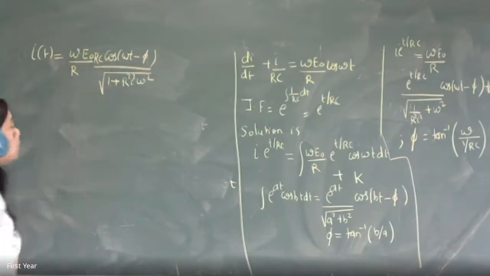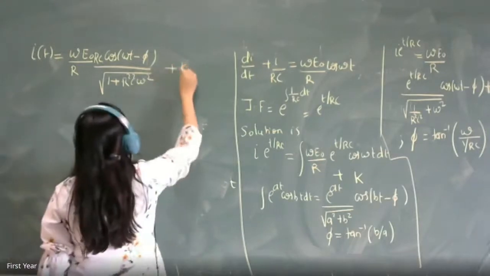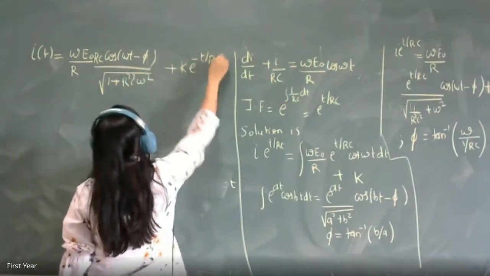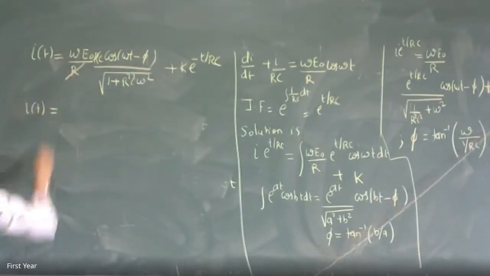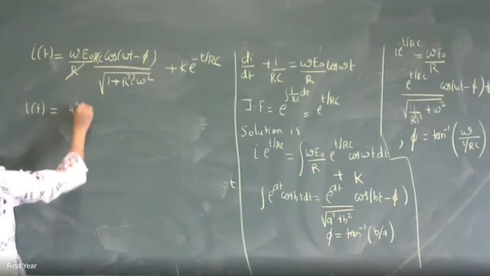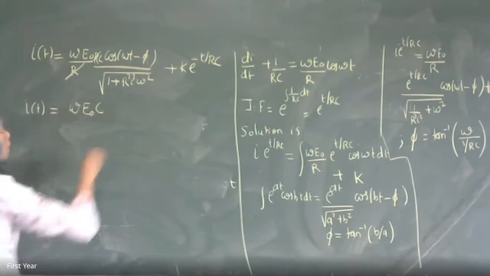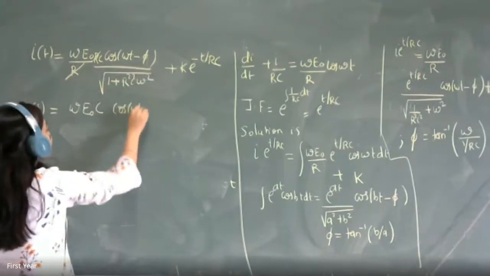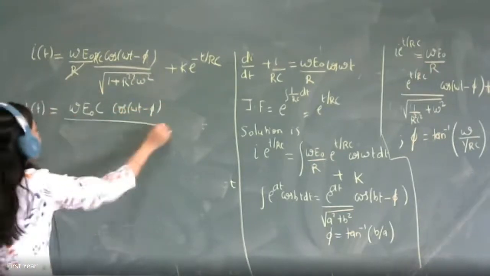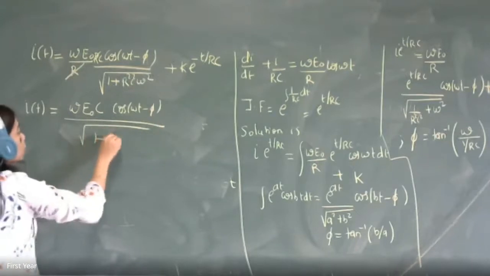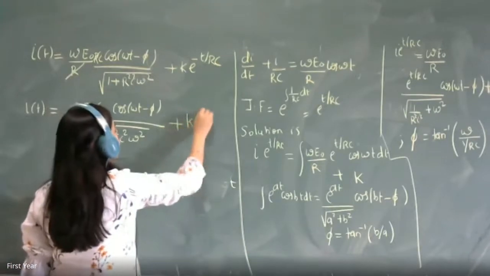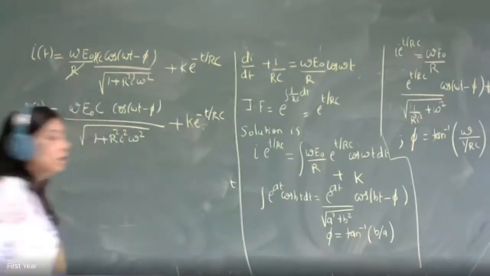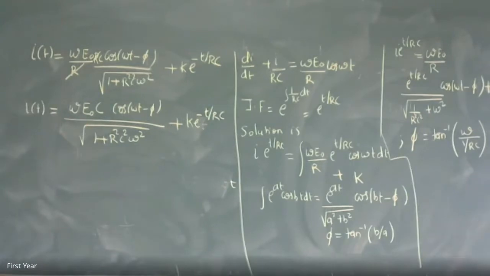Without square root, it will come as RC, not R square C square. Plus K into e raised to minus t by RC. So R and R get cancelled, and therefore current flowing through the circuit at any time t is given by omega E0 C cos of omega t minus phi divided by root of 1 plus R square C square omega square, plus K e raised to minus t upon RC. Okay? Is this fine?